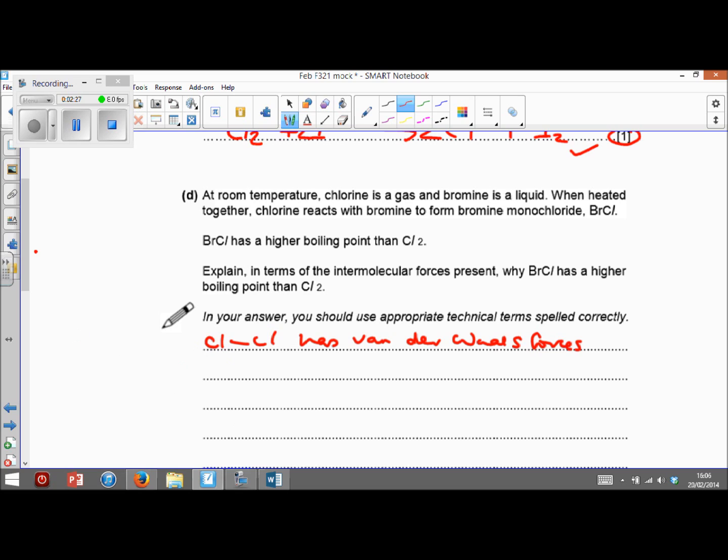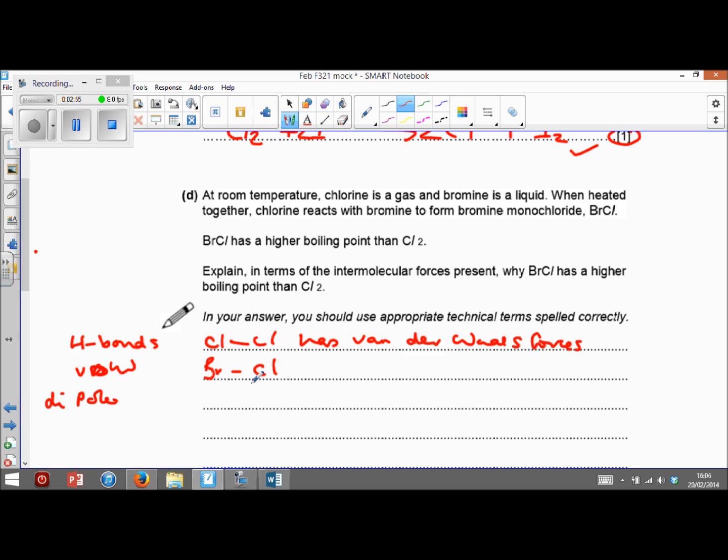So the other option, now we've got H bonds, sorry, van der Waals, and also permanent dipole. So here we've got BrCl. Cl is more electronegative than bromine, okay?